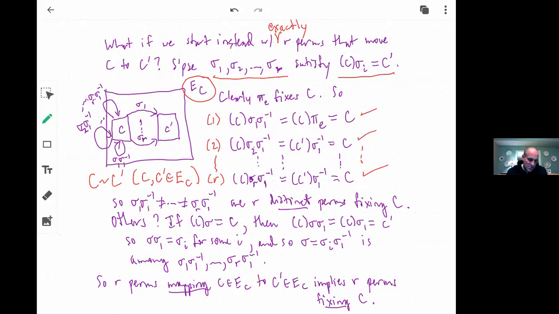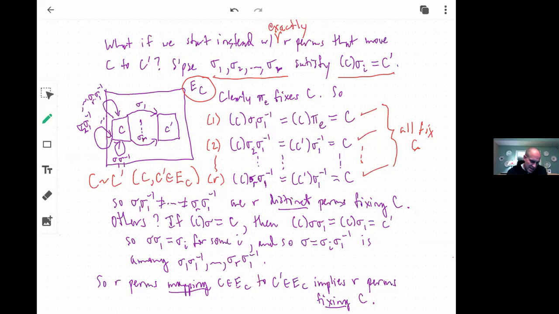All of these send C to itself. All R of these fix C, which is important.